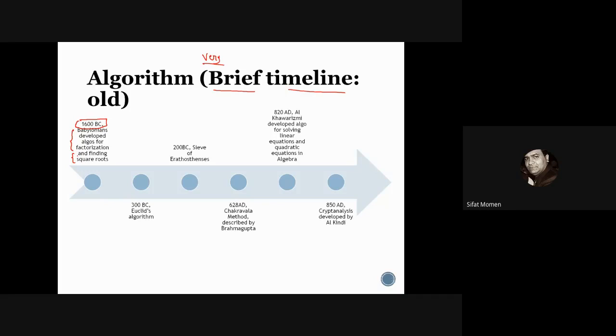Now, mind that there could be algorithms before that time, and I suspect that there are, but somehow they were never documented, or it's not within our reach. The documents are not there, so the historians could not trace back. So the oldest document that we have about algorithms dates back to 1600 BC.